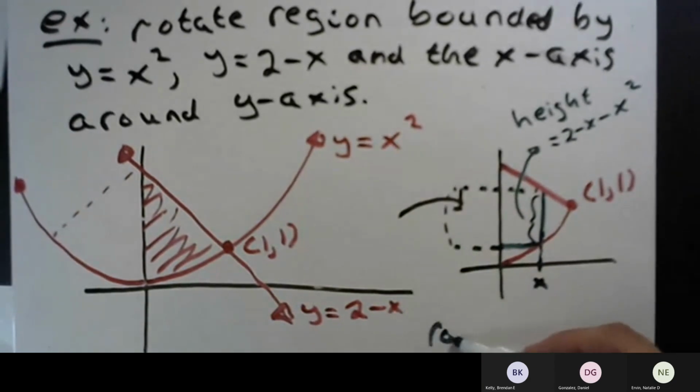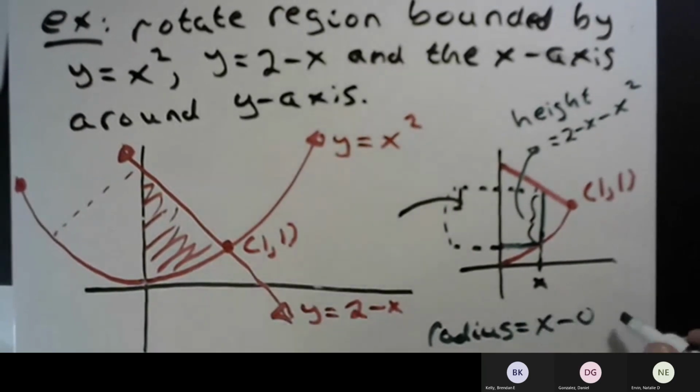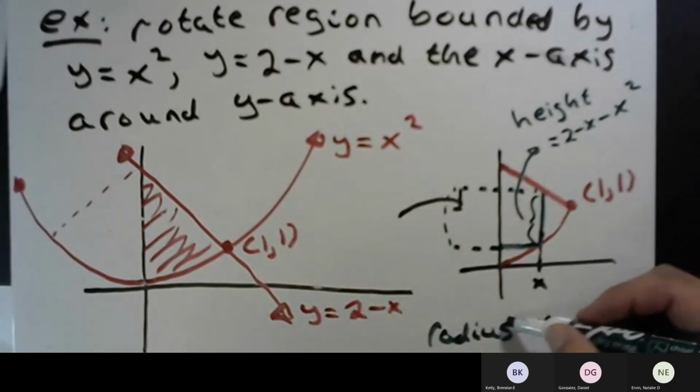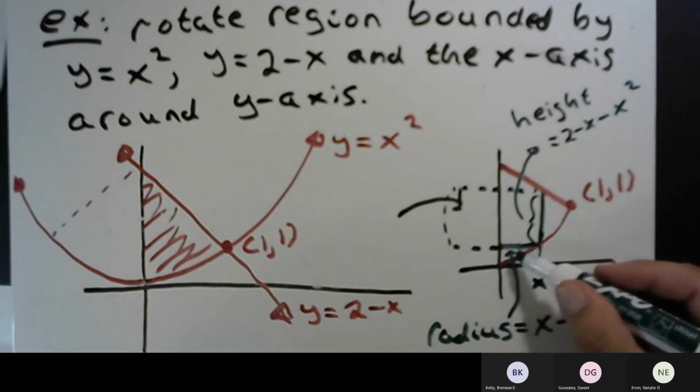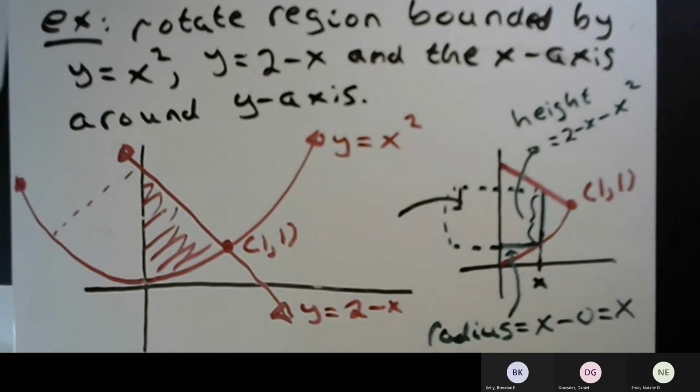So the radius is going to be x minus the location of the rotation axis, which is just 0. So it's just going to be x. So that's going to be our radius. So any questions about that?